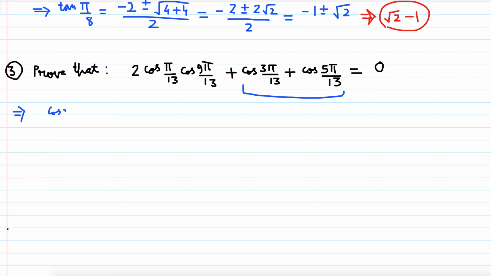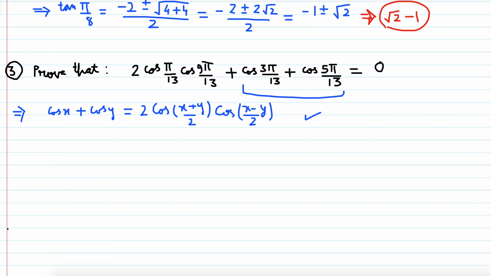We know that cos x plus cos y is two times cos of x plus y divided by 2 times cos of x minus y by 2. So that's why it's very important to practice and practice, then automatically you will remember these formula.